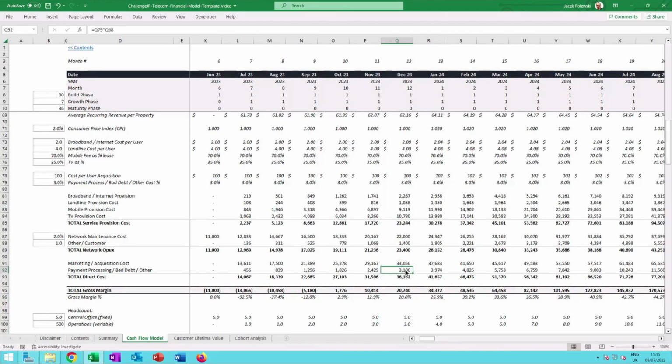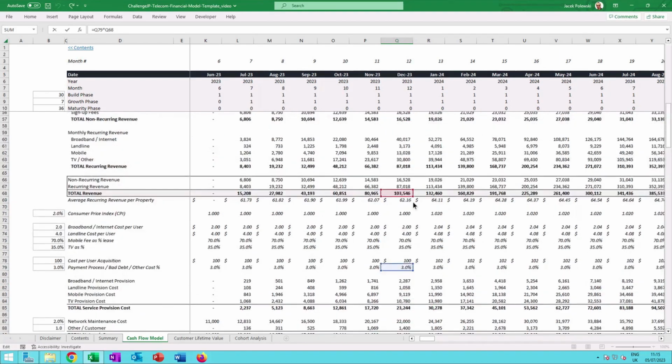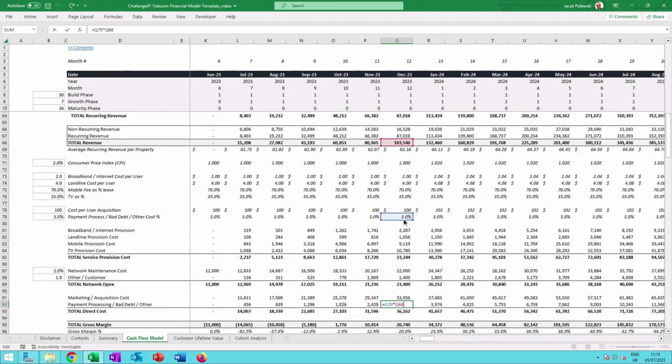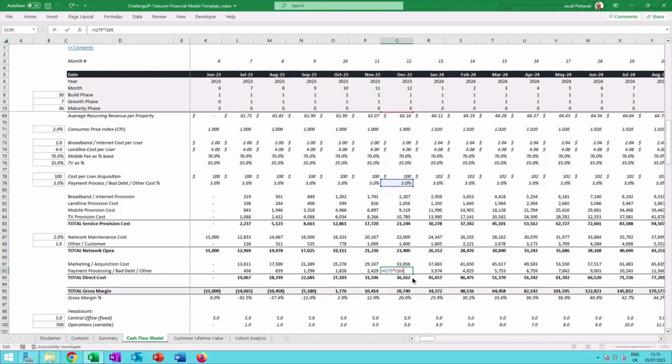And then you also have some payment processing or bad debt and other fees. Again, these are driven on a percentage basis. So you just take your revenues, multiply those revenues by that percentage, and allocate that estimate to this cost. In this way, we have our service provision cost, because they are related directly to providing services to your customers.